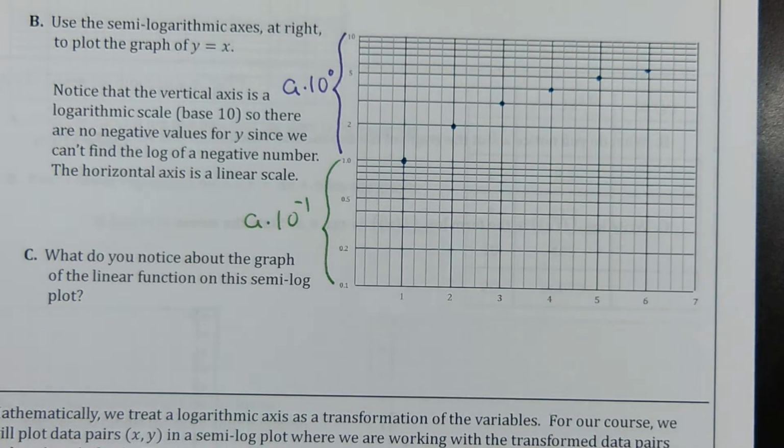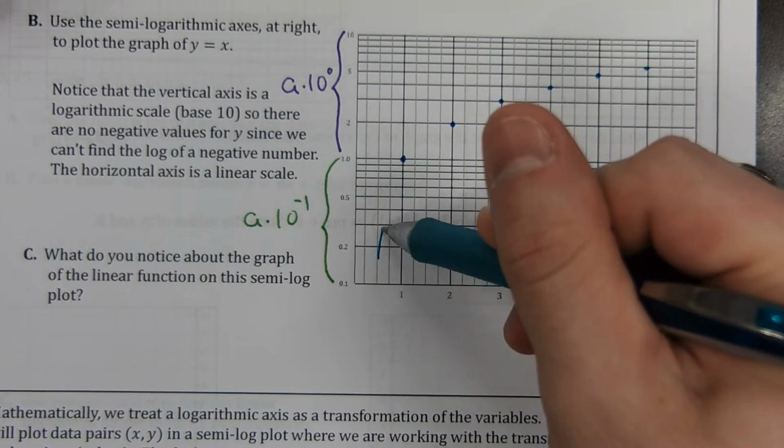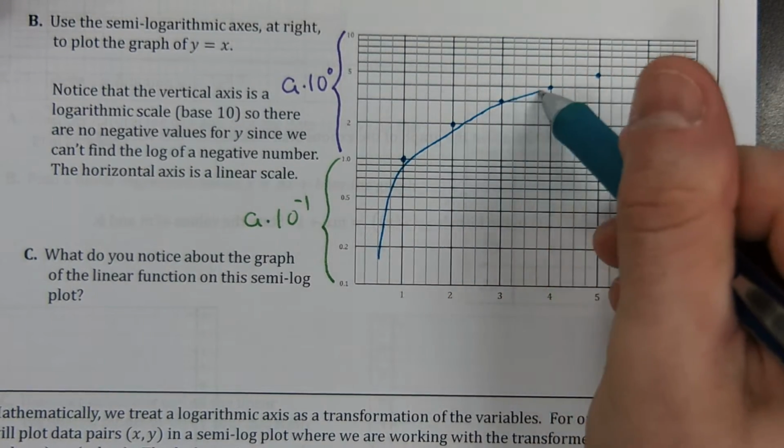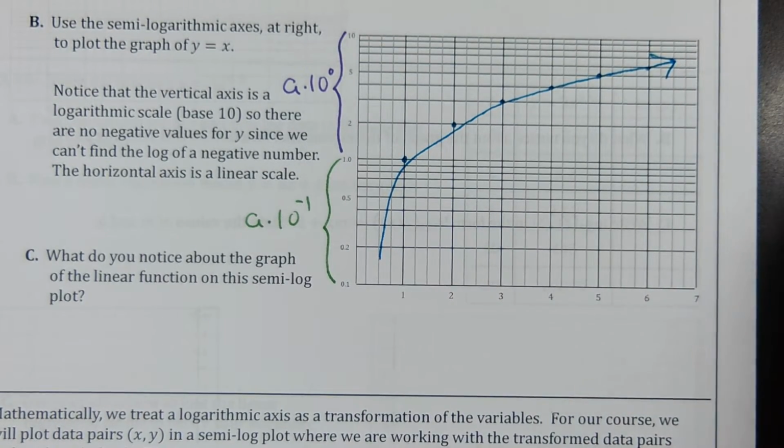And you know it would go through 7, 7 as well. What is going on, right? What's really going on? Well, if you were to connect these dots, what do you see? A logarithmic graph.